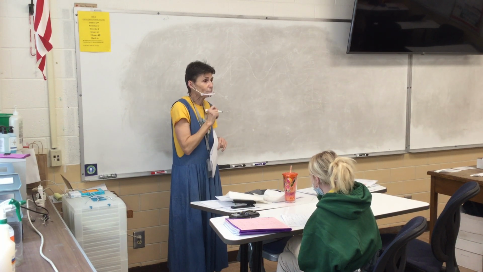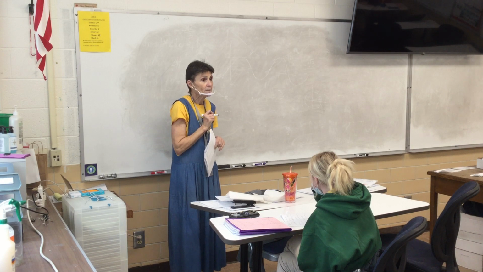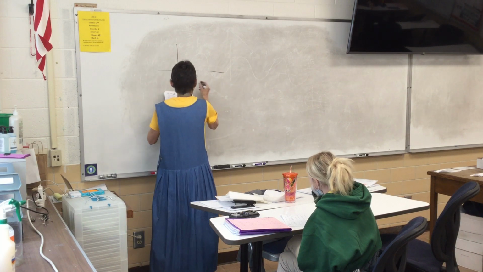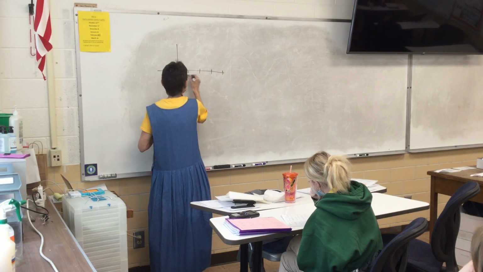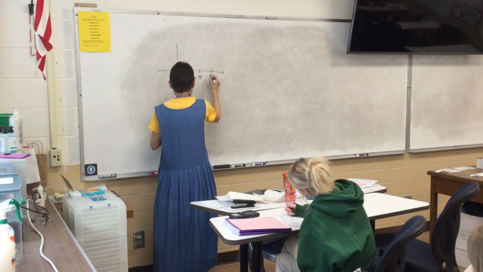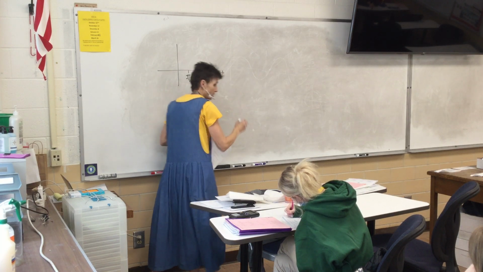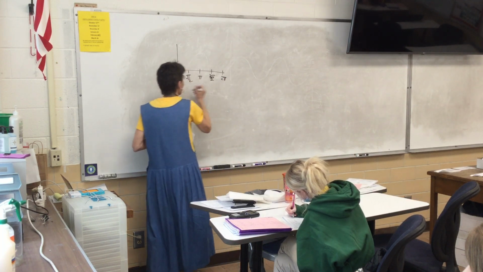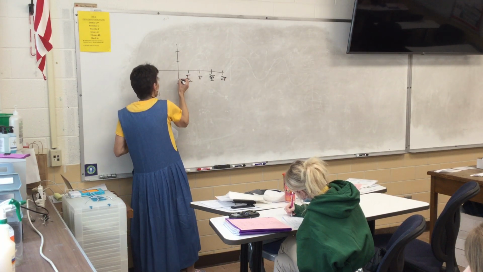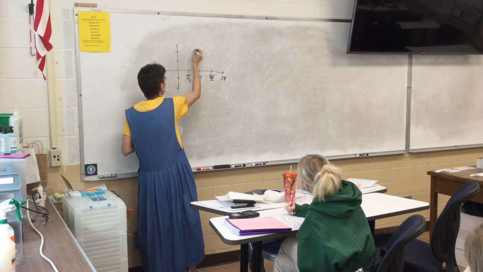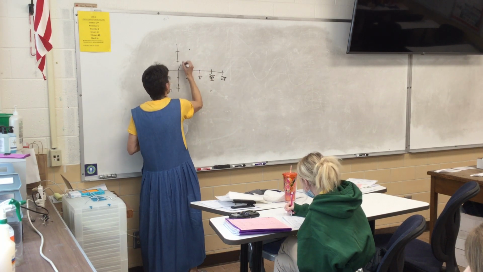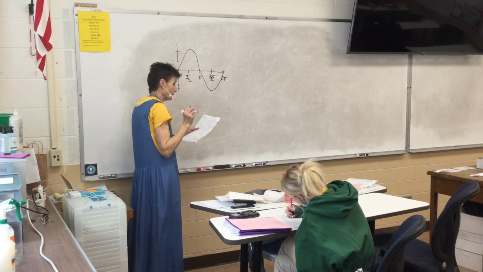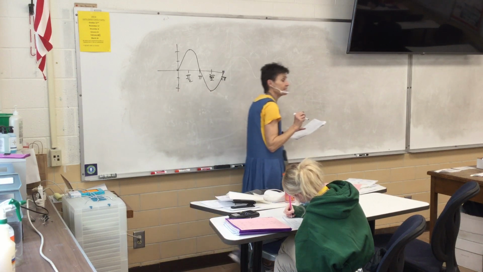Anybody remember what that 2 out in front does? Multiplies the y. So when I graph problem C, I am going to have exactly the same picture except instead of going up 1, it's going to go up 2. So there is a picture for problem C, 1C.